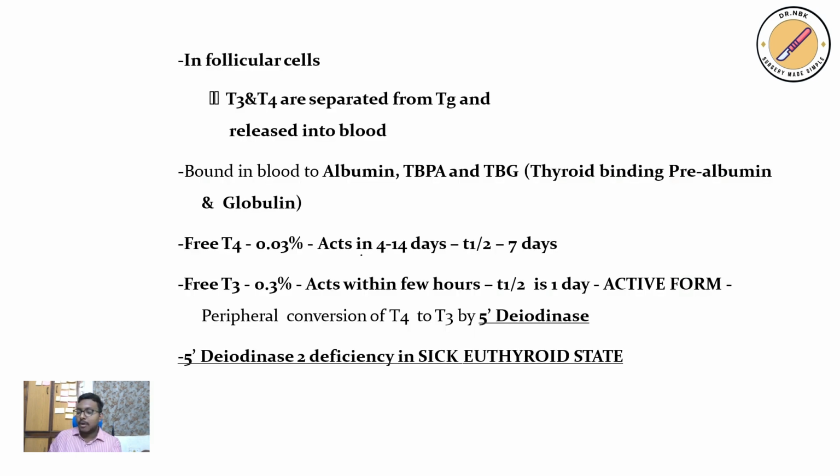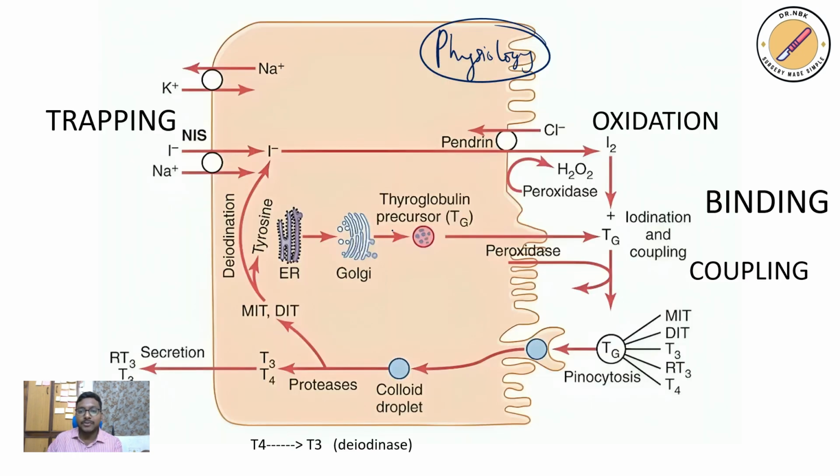Okay, right. Next, a few important points from thyroid physiology. In the follicular cell, once the thyroglobulin has been transferred from the lumen, this one is apical membrane, this one is basolateral membrane.